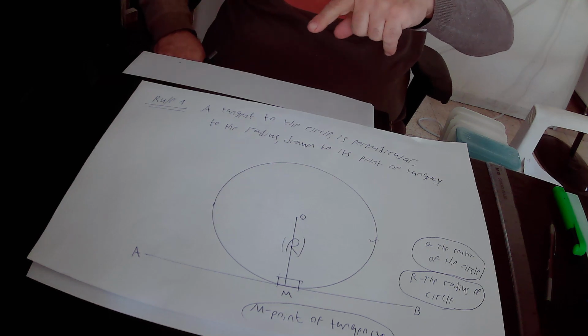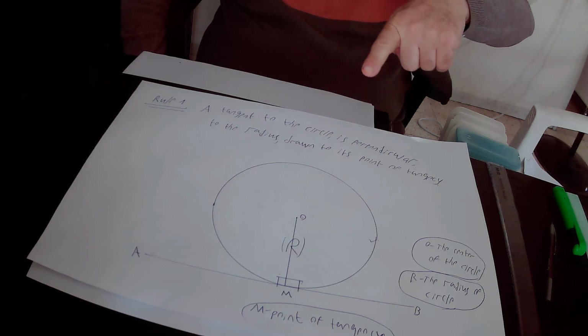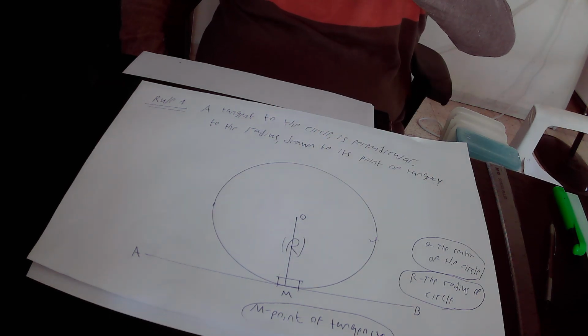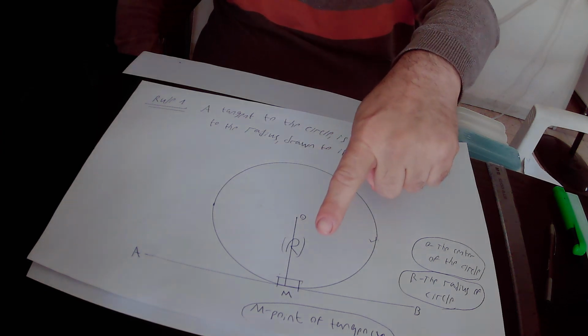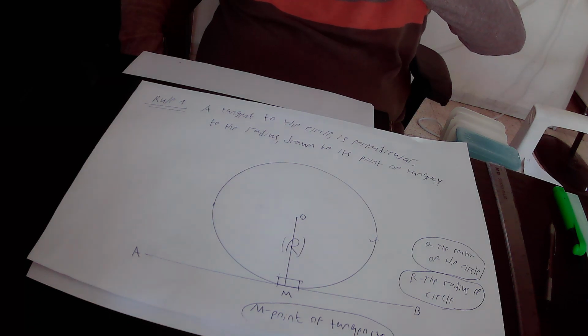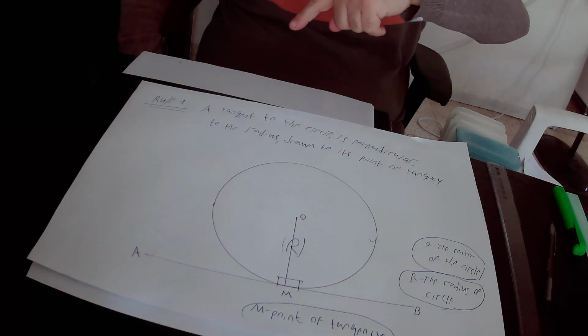So in the drawing we have tangent AB, that is tangent to this circle at point M. Point M is the point of tangency. And we have the radius OM that is drawn to the point of tangency, that is to say it is drawn to point M, that is the point of tangency of tangent AB with this circle.